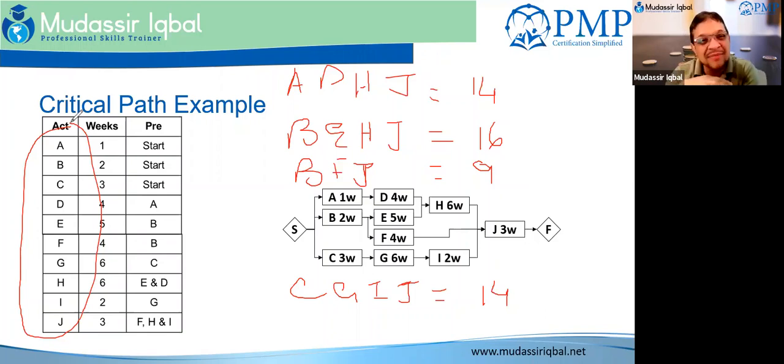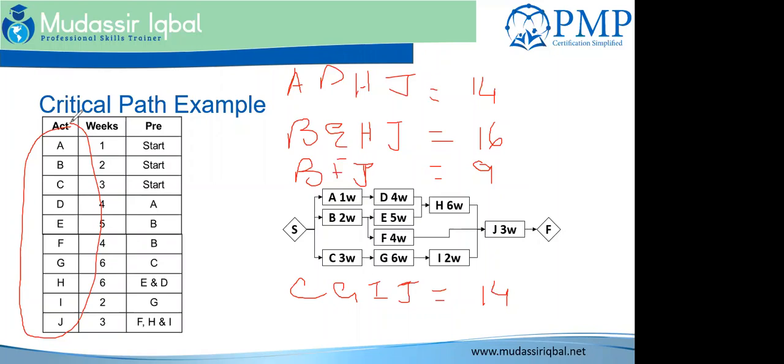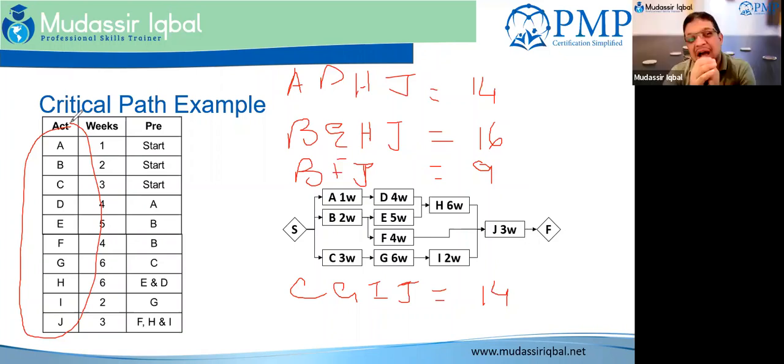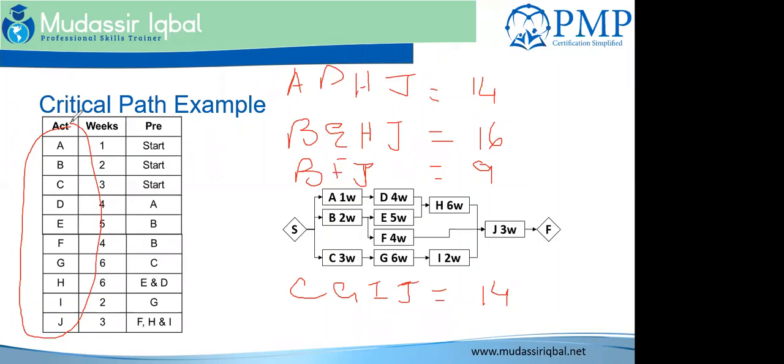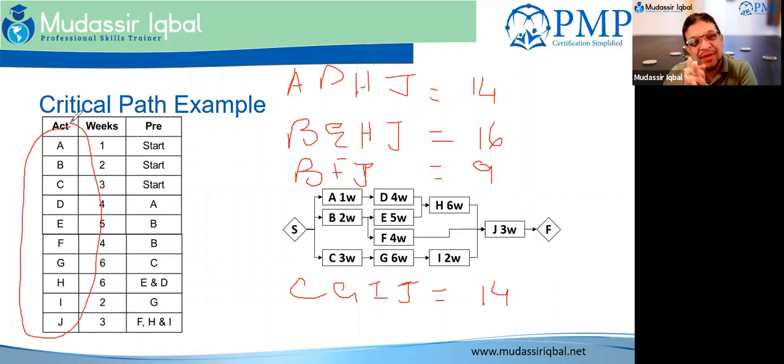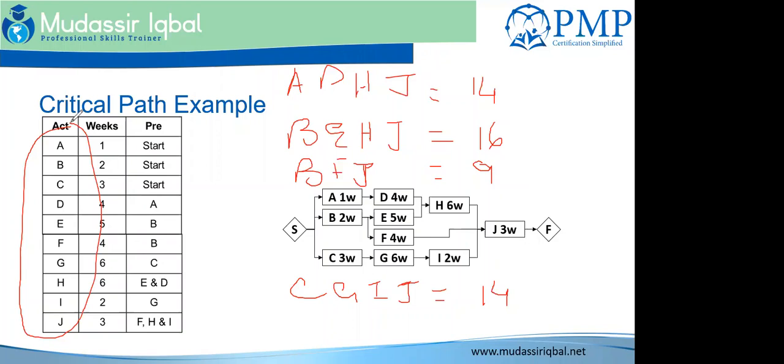Hasib, how much time will you take to deliver the project? 16 days. 16 weeks, sorry. Sharmila, how much time will you take to deliver the project? 7 to 8 weeks. Fair enough. Kashif, how much time do you need to deliver the project?